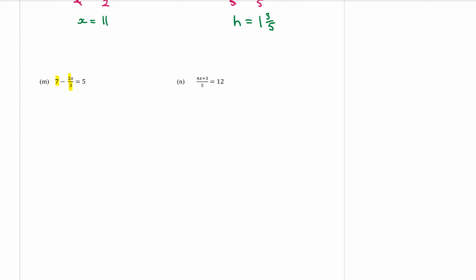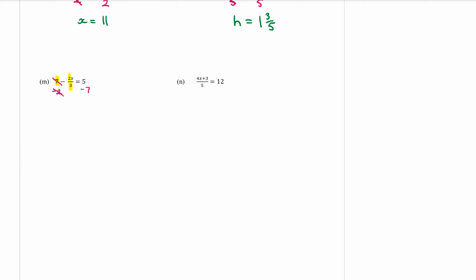The 7 is actually positive. Okay, the minus, remember, belongs to the 2x over 3 here, because remember, you always take the symbol in front. The symbol in front of that 7, well, there's nothing there, which means it's positive. So to get rid of that 7, I need to subtract 7 from both sides.